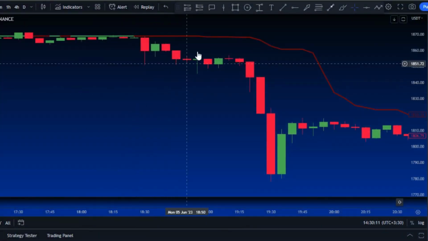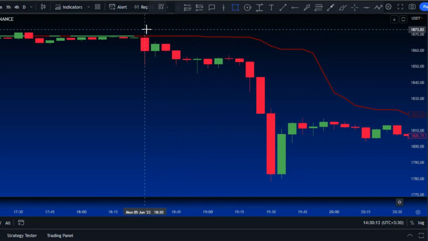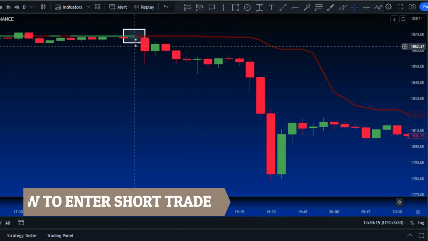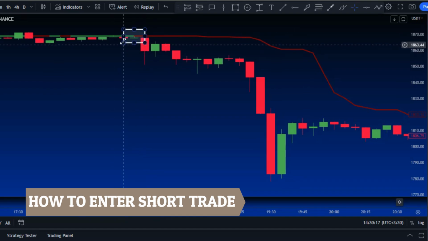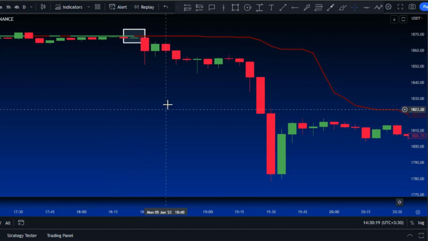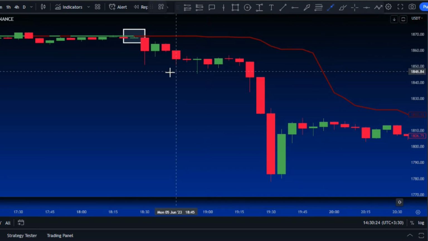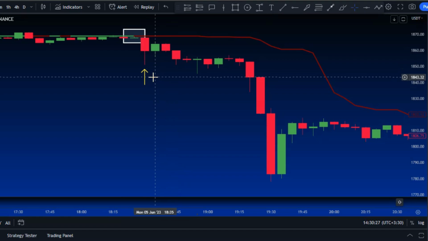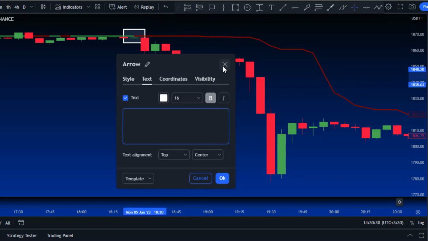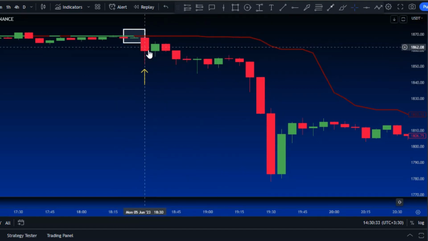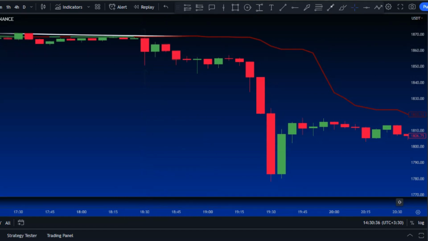First, let's go over the rules for short trades. Step 1. The color of the Trend Magic indicator line needs to switch from green to red. Then a bearish candle needs to close below the Trend Magic line. Step 2.